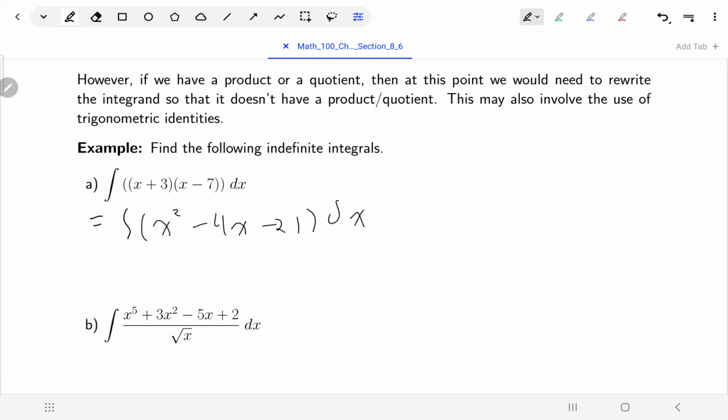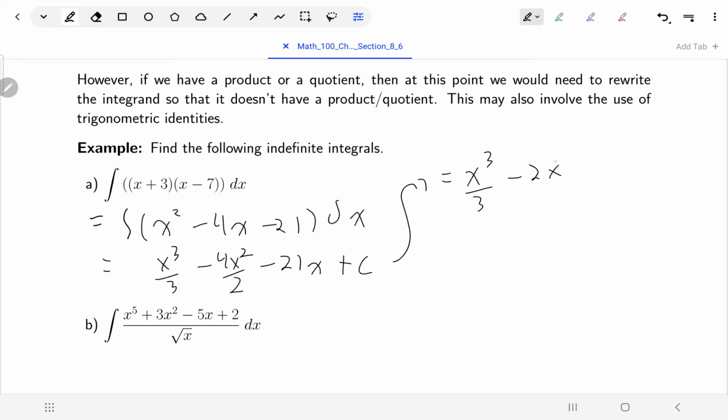And now that I have it expanded, I can find the indefinite integral. X cubed over 3 minus 4x squared over 2 minus 21x plus our constant c, which we can simplify one step further. X cubed over 3 minus 2x squared minus 21x plus c.